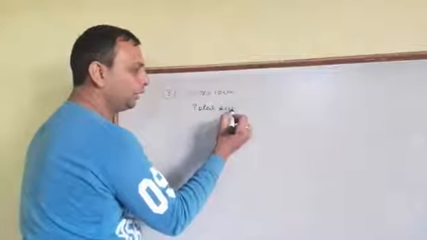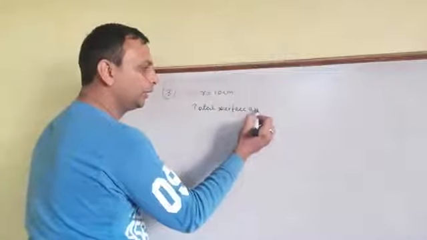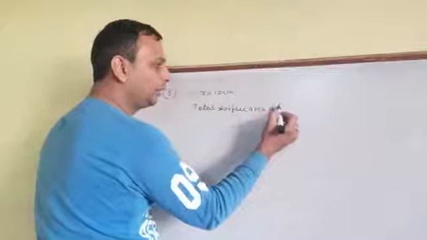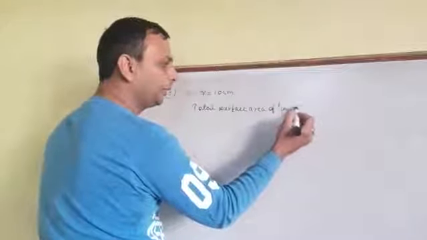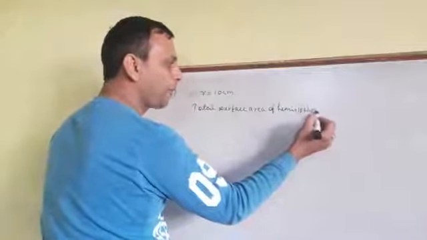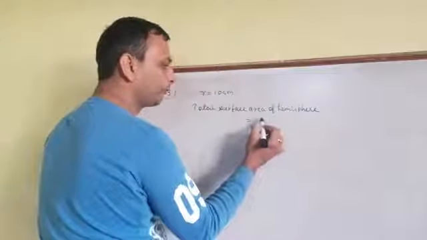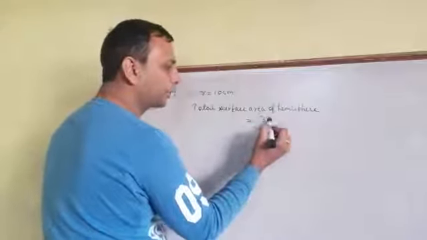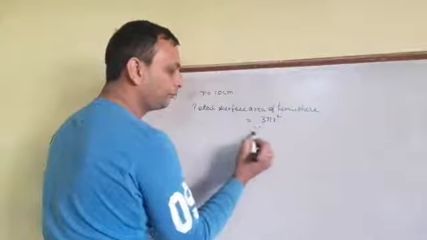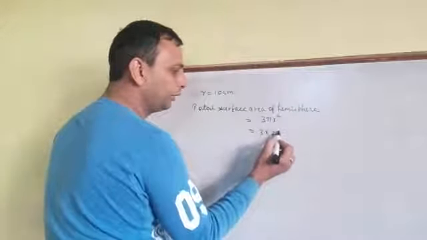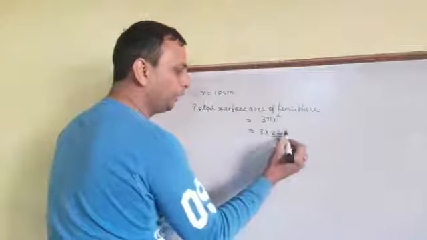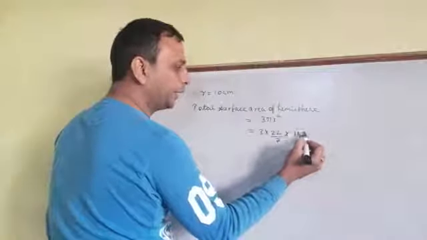So we have to find the total surface area of hemisphere. Total surface area is 3 pi r square. 3 into 3.14, radius is 10 multiplied by 10.